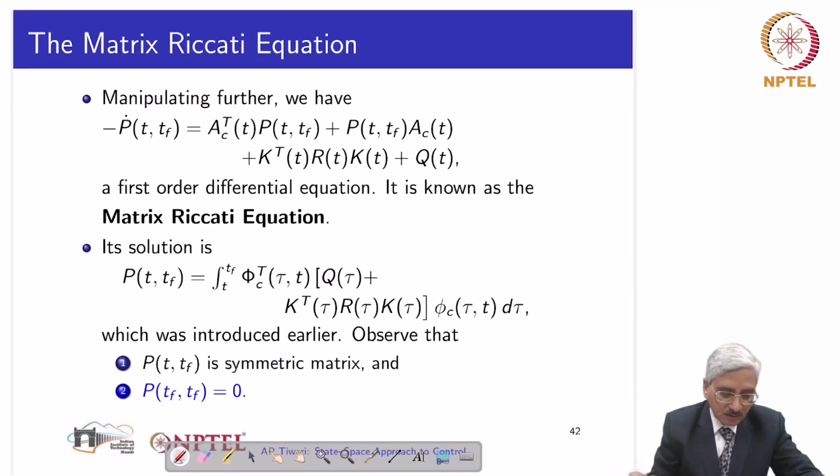Other thing we see is that if T is TF, if both the upper limit and lower limit are same, then it has to be 0. So with this condition, taken as initial condition, we can solve these equations backwards to get this solution.